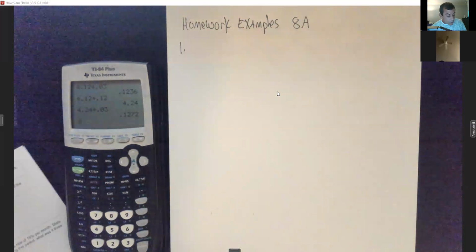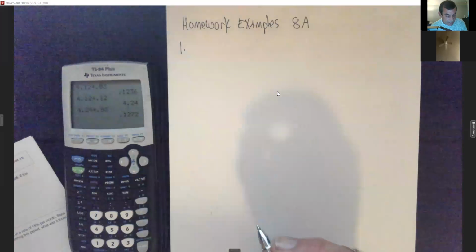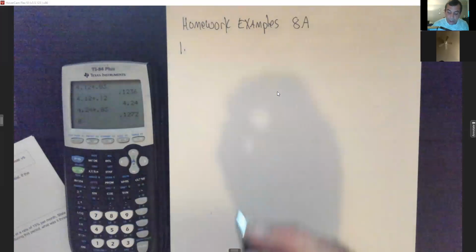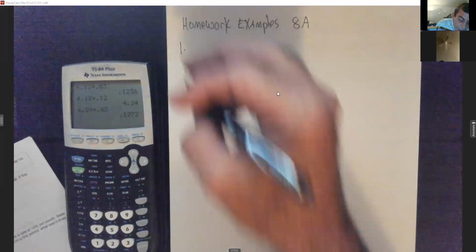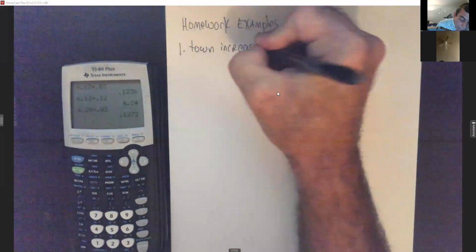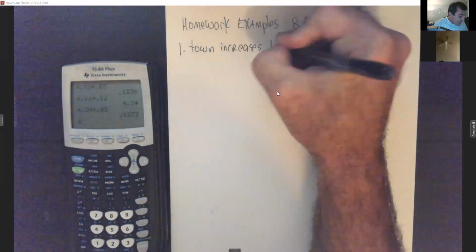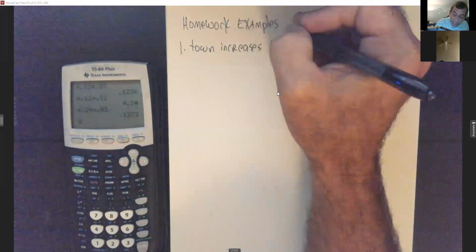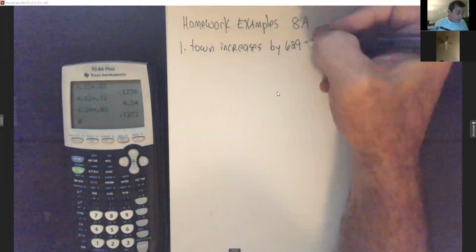So for number 1, the population of a town is increasing by 629 people per year. So the town increases by 629 people per year.